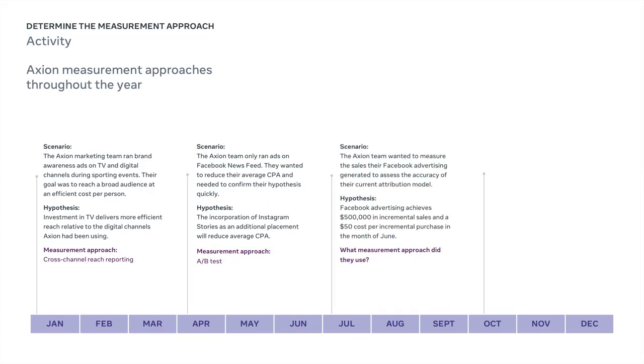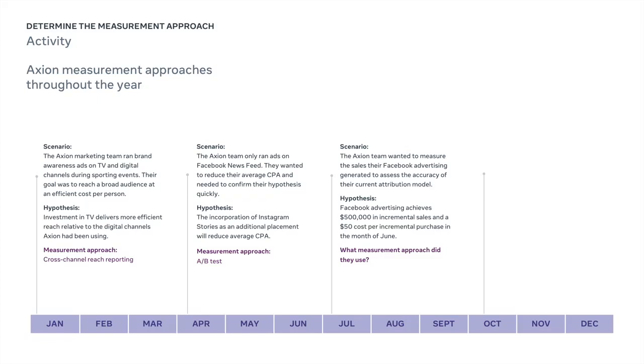The Axiom team ran ads on multiple channels, including Facebook. To assess the accuracy of their current attribution model, they wanted to measure the sales that their Facebook advertising generated. The team hypothesized that their Facebook advertising achieved $500,000 in incremental sales and a $50 cost per incremental purchase in the month of June.